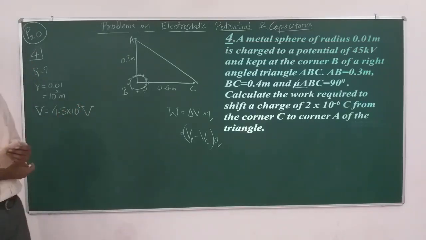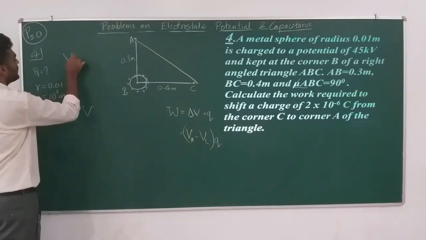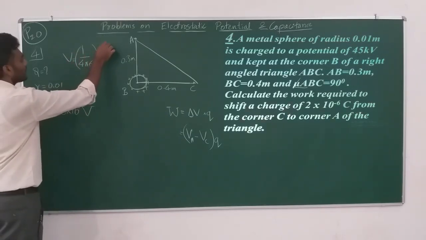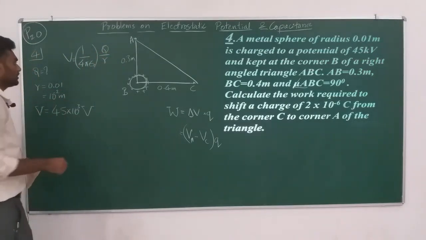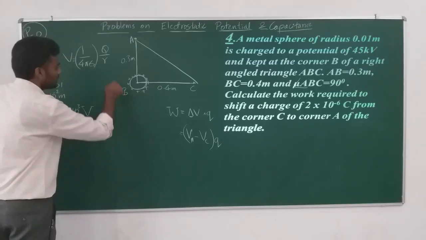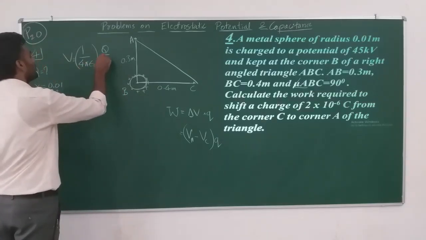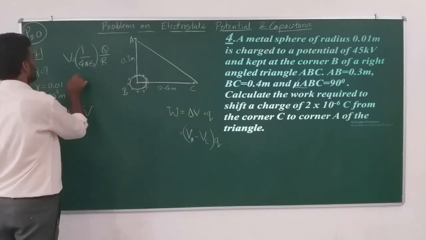So now you have V and Q shall be found. The formula is V is equal to 1 by 4 pi epsilon naught Q by R. Quite simple. When it is a spherical body, you can write this small r as capital R, because now it is 45 kilovolt and it is on the sphere itself.